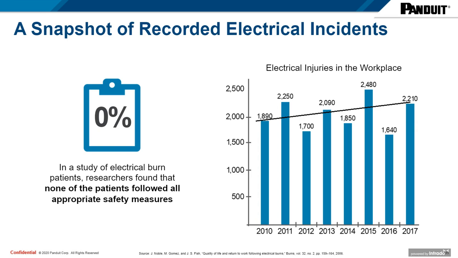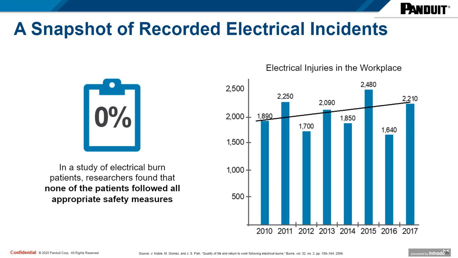According to the Electrical Safety Foundation International, otherwise known as ESFI, electrical injuries increased by 35% between 2016 and 2017. Although this statistic is concerning, it does not tell the whole story. As shown in the graph on the slide, the incident rate seems to jump up and down year over year.